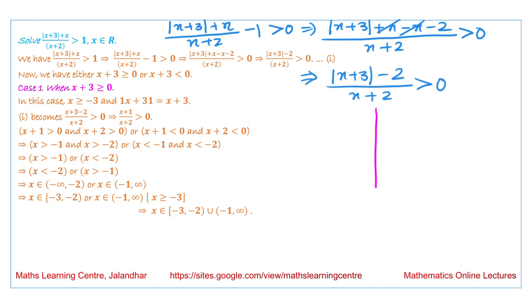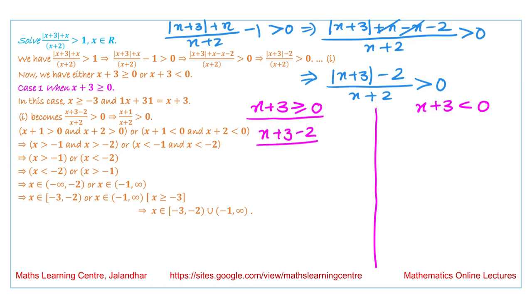The first case is when x plus 3 is greater than or equal to 0. Second, x plus 3 is less than 0. In the first case, the value of the mod will be positive, so the question becomes x plus 3 minus 2 over x plus 2 is greater than 0. In the second case, this will become minus x minus 3 minus 2 over x plus 2 is greater than 0.